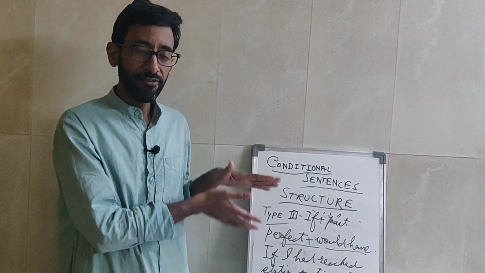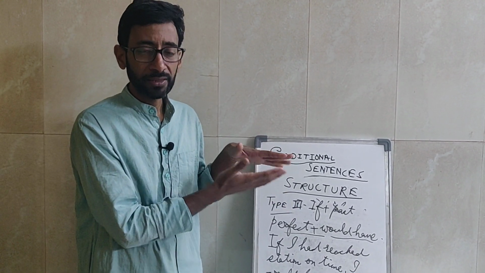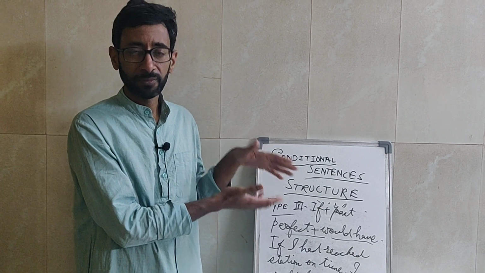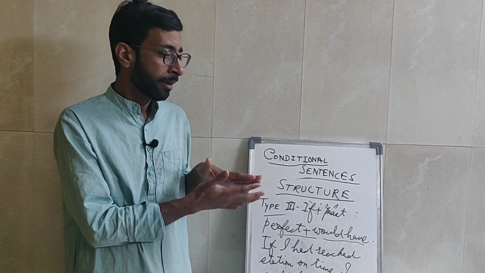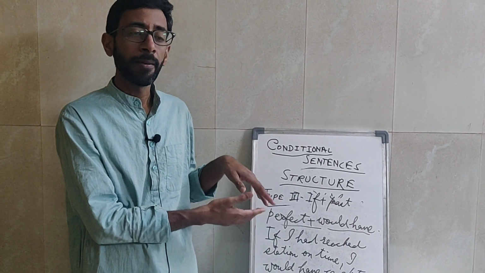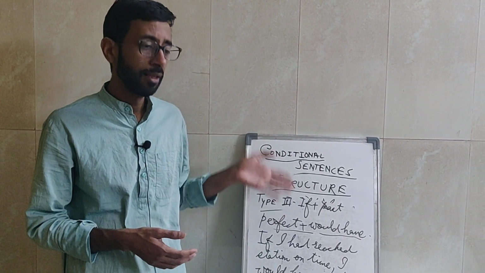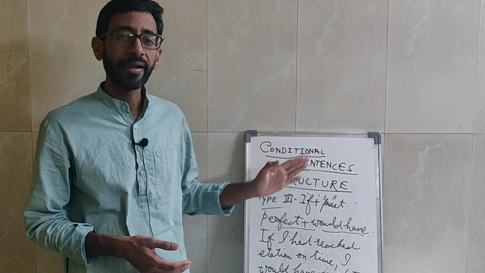Type 2, if plus would plus simple past, or if plus simple past plus would. And third, if plus had or past perfect plus would have. And these are used for those conditions which are possible, probable, and impossible.